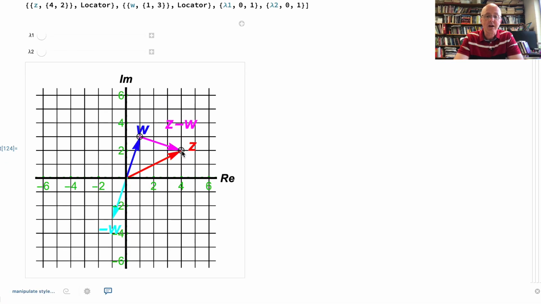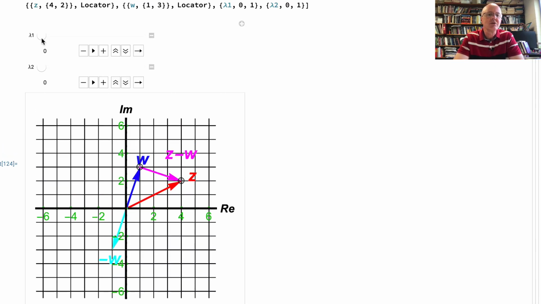So what we've got here are two complex numbers, z and w, the ones I plotted by hand a few minutes ago. I could move these around if I like. I also have negative w plotted in more of a light blue here. I've got z minus w up here, but as with video number 3 where I talked about the geometry of vector addition, we can also use these sliders to move negative w and z to create a parallelogram to illustrate where z minus w is down here, like I drew by hand as well.